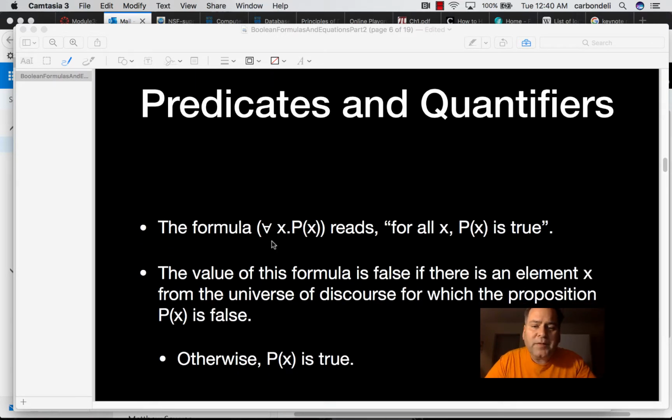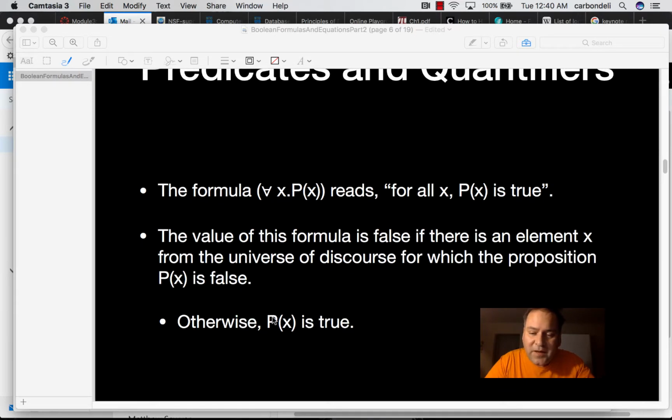This formula, which you can see here, reads for all x, P of x is true. The value of this formula is false if there is an element x in the universe of discourse for which the proposition P of x is false. Otherwise, it is true.